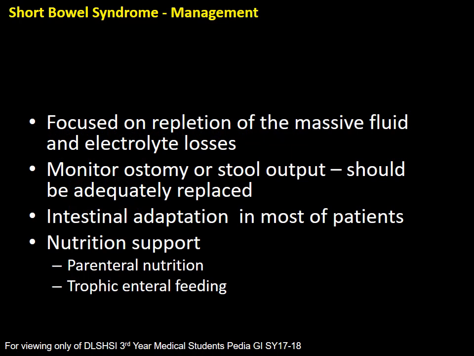Management of patients with short bowel syndrome is mainly focused on the repletion of the massive fluid and electrolyte losses. Monitoring the ostomy or stool output should be adequately checked. Intestinal adaptation is possible in most patients, but nutrition support may also include giving parenteral nutrition or trophic enteral feeding.